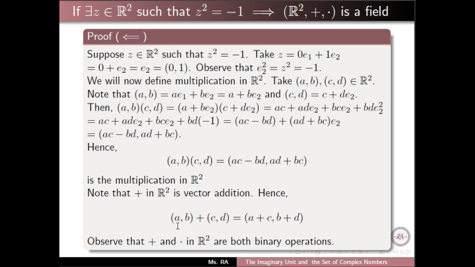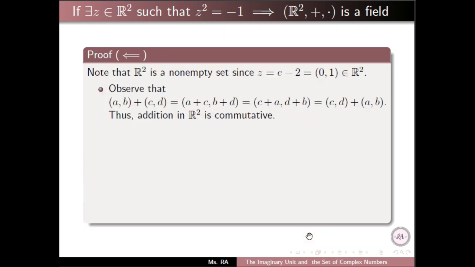The same with this: we have (A, B) and (C, D), which are also in R2, and then the vector sum is also in R2. So this addition and multiplication in R2 are both binary operations. Note that R2 is non-empty because it contains a z.